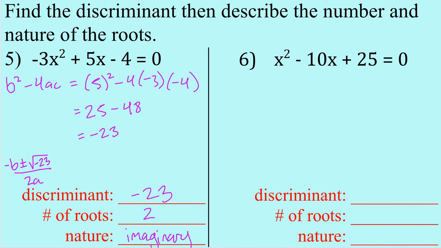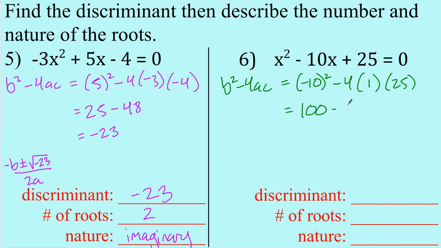All right. Here we go again. All right. So b squared minus 4ac, negative 10 squared minus 4ac. So here we have 100 minus 100 equals 0.